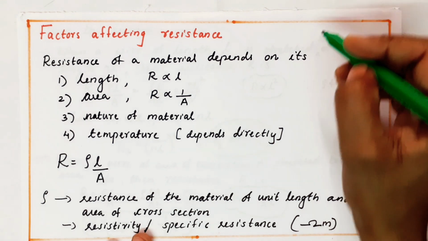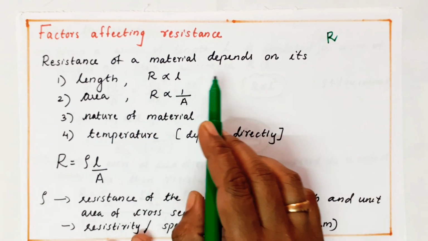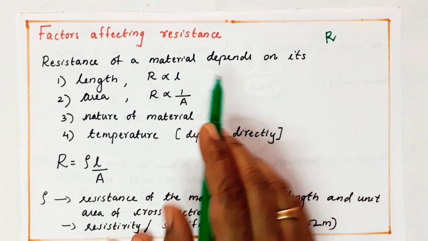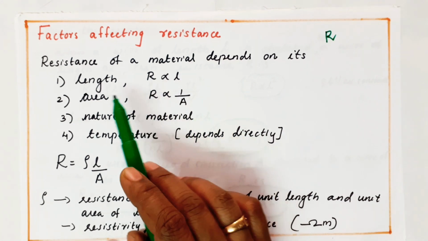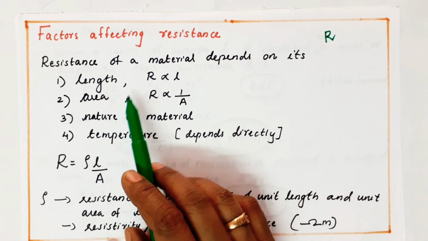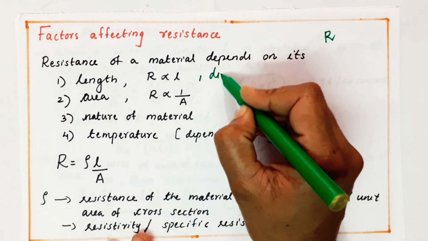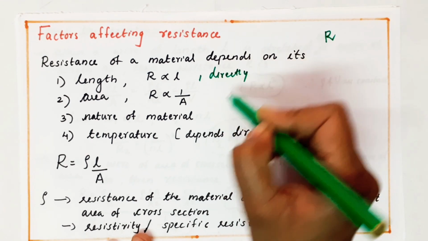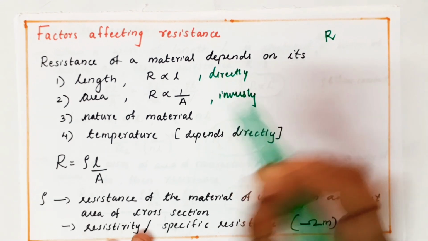The resistance, I told you, we can write with the letter R. The resistance of a material or resistance of a wire depends on the length of the wire, that is R proportional to L. It depends upon the area, but it depends inversely. So inversely means what's the meaning?